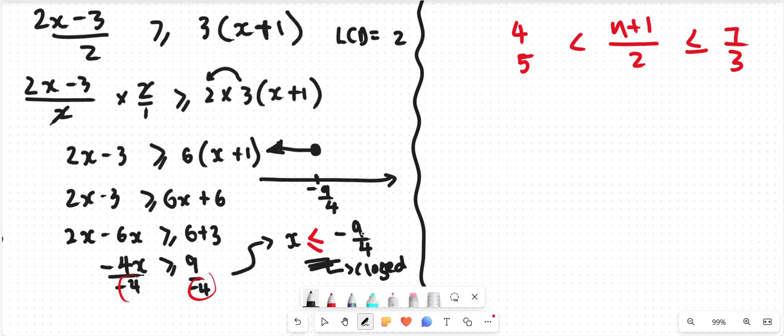This is a compound. We need to find the LCD as well. And in this case, our LCD is 2 times the 5 is a 10, times the 3 is a 30. So 30 is our LCD.